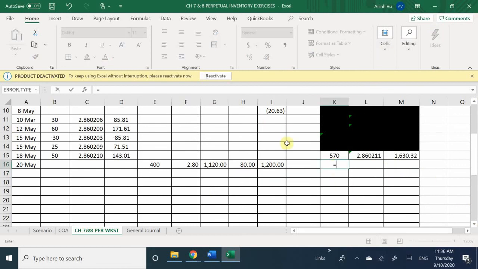So we're going to add the 570 plus the 400, giving us 1,370. So this is 970. 970. Yes.